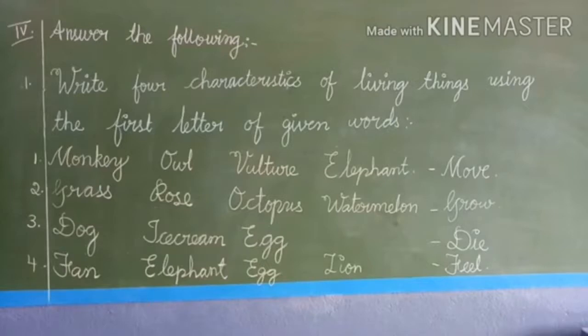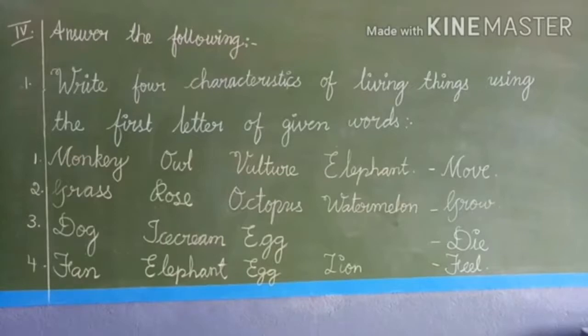In the second question, G from grass, R from rose, O from octopus, and W from watermelon. So what is the answer? Grow. For the third question, D from dog, I from ice cream, and E from egg. So the answer is die.